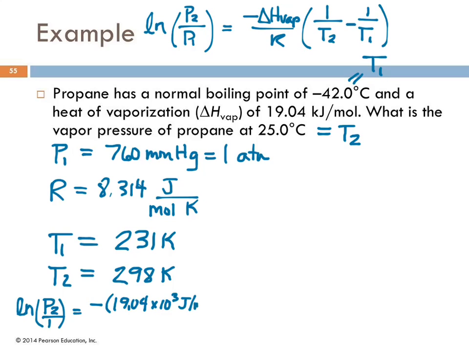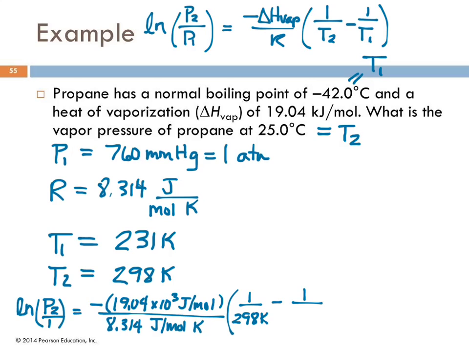Joules per mole divided by 8.314 joules per mole Kelvin. And then we've got 1 over T2, 1 over 298 Kelvin, minus 1 over 231 Kelvin.